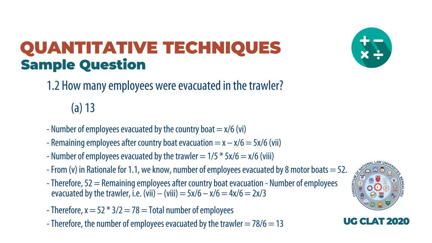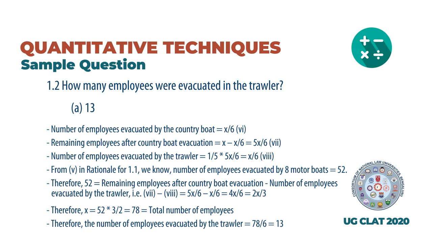This is calculation 7. The number of employees evacuated by the trawler is equal to 1/5 multiplied by 5X divided by 6, which is equal to X divided by 6. Let's set this aside as calculation number 8.